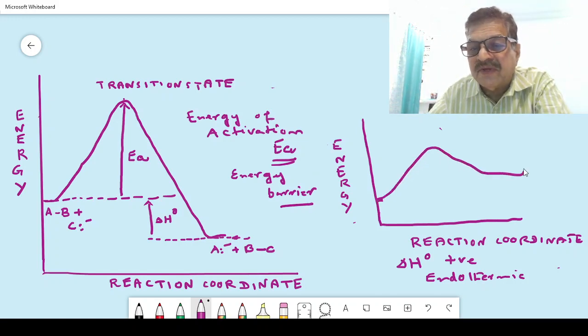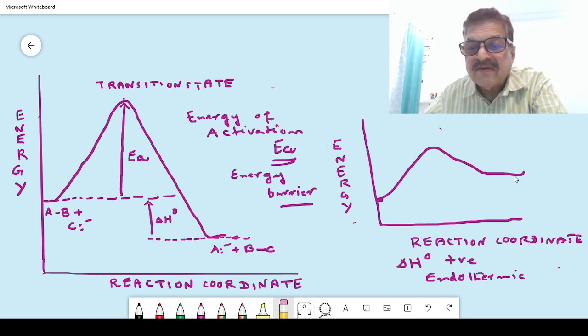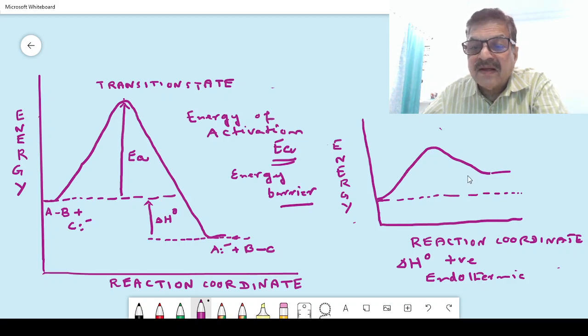Low energy we can show here like this. So this will be the reactants here. So EA is a low value here.